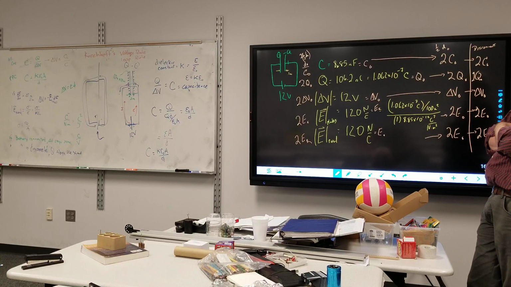And the electric field would drop to 0 because there's no charge on the plates anymore. The voltage, just some interesting math stuff here, the capacitance would still be the same because the configuration hasn't changed.